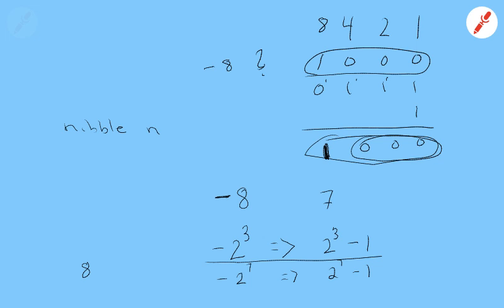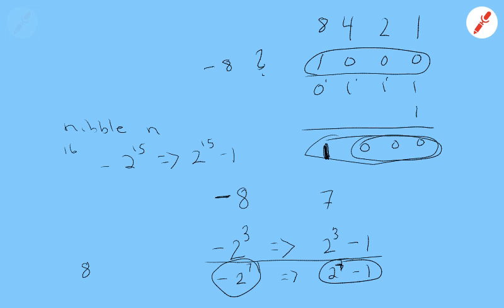And this works for all of them. All of the signed data types in all languages. You get one more negative number than you get positive numbers. In a short, a 16-bit data type, it's 2 to the power of 15, take the negative of that, up to 2 to the power of 15 minus 1.